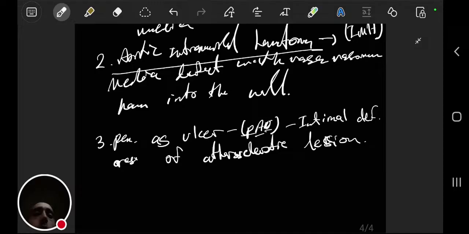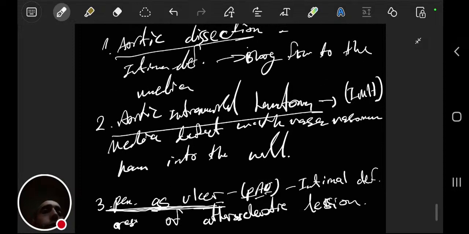Those are the three main aortic syndromes that we are going to talk about: aortic dissection, aortic intramural hematoma, and penetrating atherosclerotic ulcer.